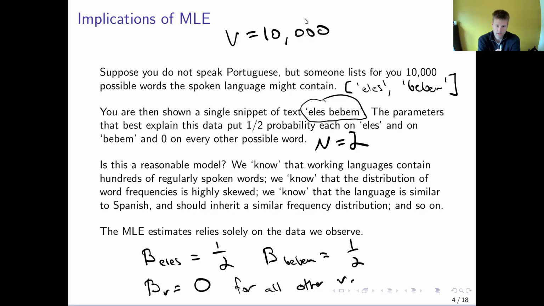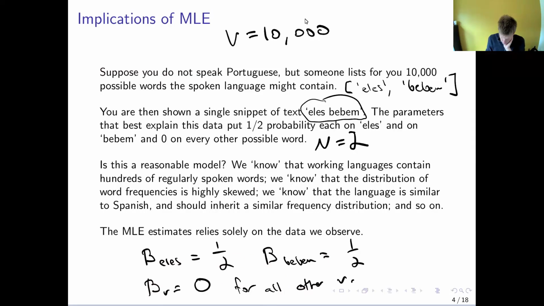So first of all, we know, and here I'm putting "know" in quotations because I'm speaking loosely, we know that working languages contain a variety of words, right? So presumably there are hundreds of words that are used in the Portuguese language on an everyday basis as people communicate with each other, okay? So that's one sense in which this is a strange set of point estimates for this language model, okay?